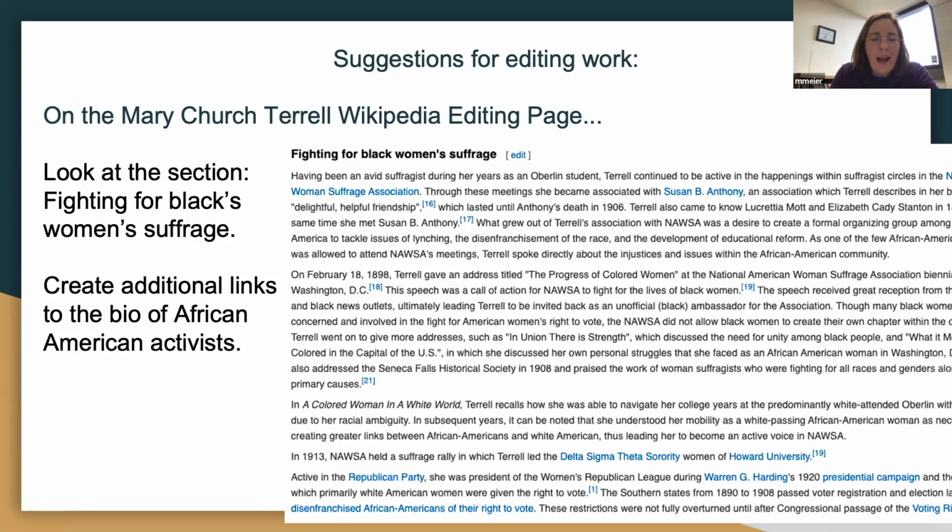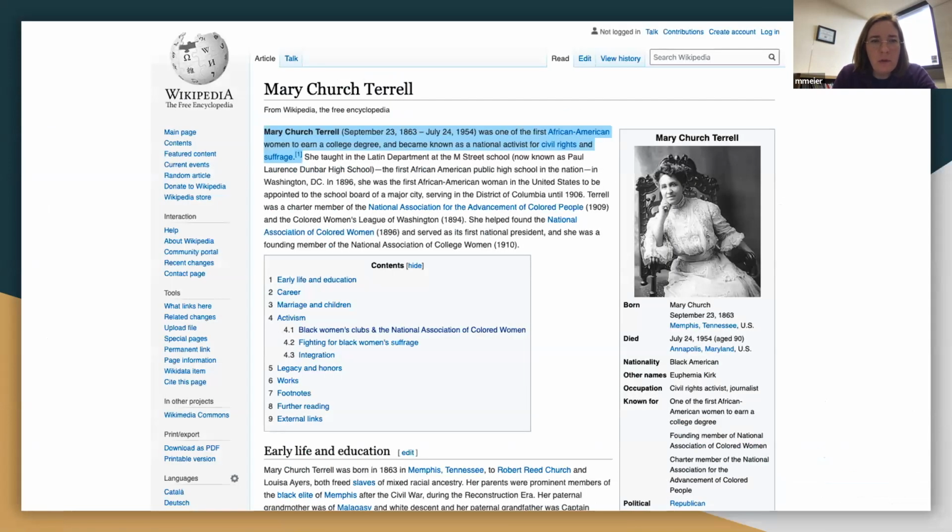One of the things that I notice about it, and the page in general, I may just go back to this main view of the page, is that there could be more connections between other women, additional women in the National Association of Colored Women and other activists who are linked up with her.